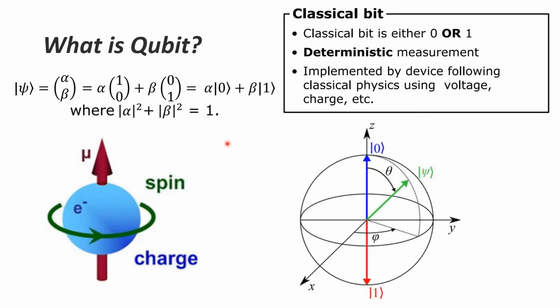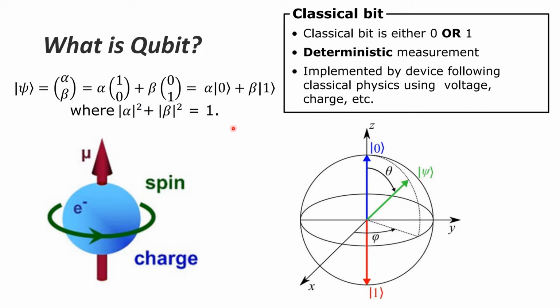So we start by answering an important question. What is a qubit? Classical bits are either 0 or 1. We use classical bits in our computers and our cell phones. In DRAM, for example, the classical bits are implemented by the charges stored in the capacitors, and in the CPUs of classical computers, the 0s and 1s are represented by voltage high or low.